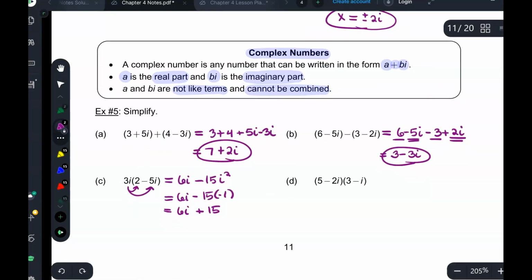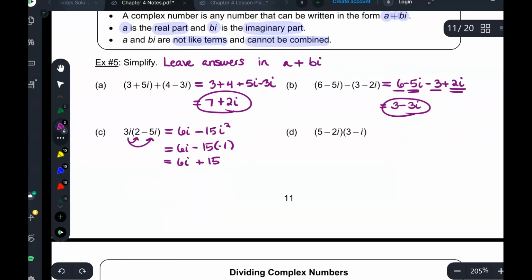I know this might seem like an unnecessary step, but when it says simplify, you always want to leave answers in the form a plus bi. So we always want to put the imaginary part second, and that has to do with how we graph complex numbers in the complex plane. So I'm just going to rearrange this for the last step. So I'm going to put 15 plus 6i.